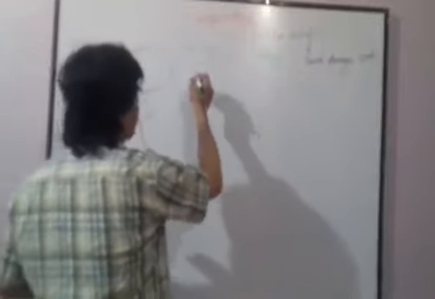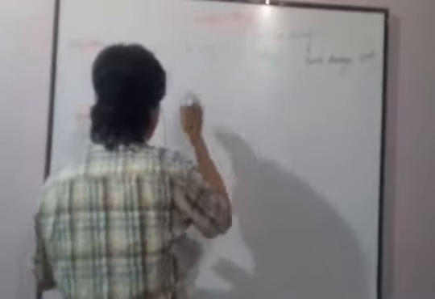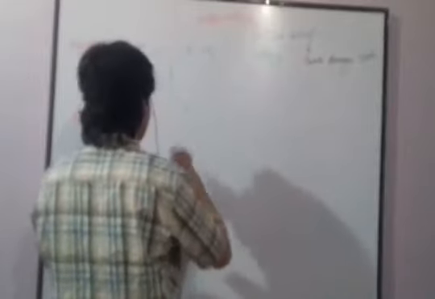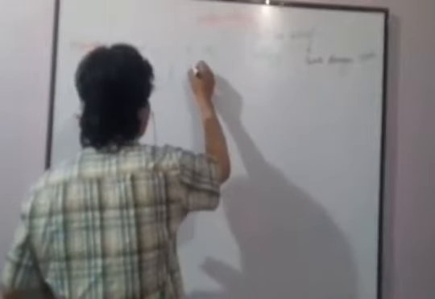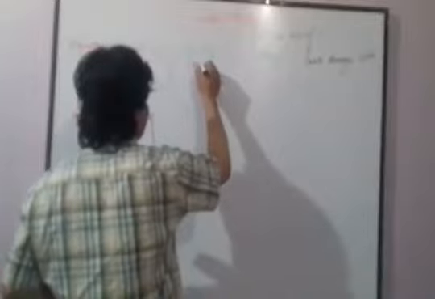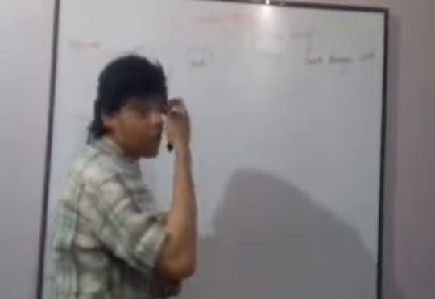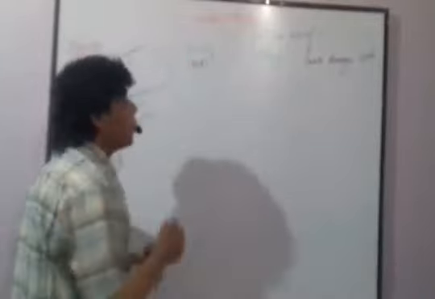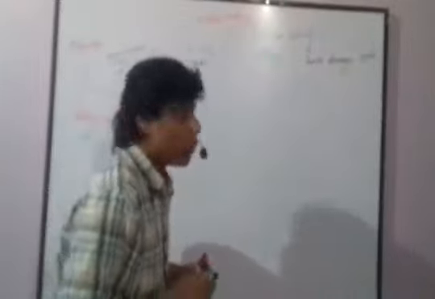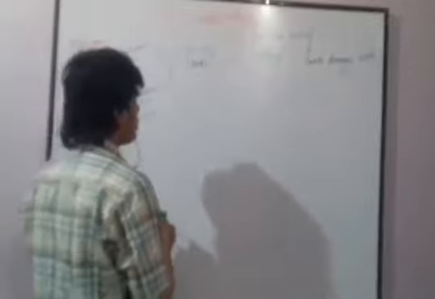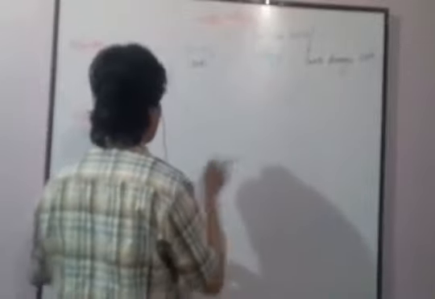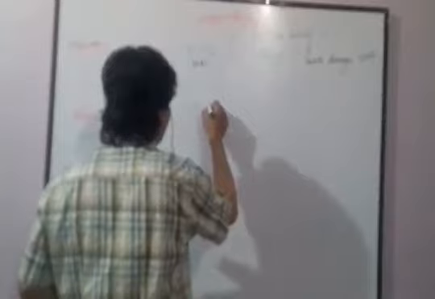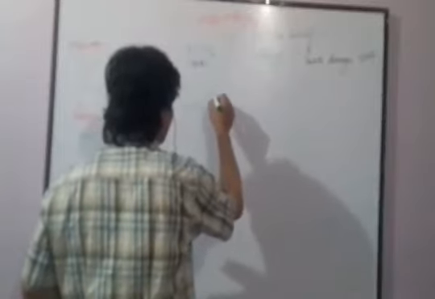This RNO2 is actually in a reduced form. So once this RNO2 is in a reduced form, it will be converted into RNO2 with a lone pair, and we call that oxidized.